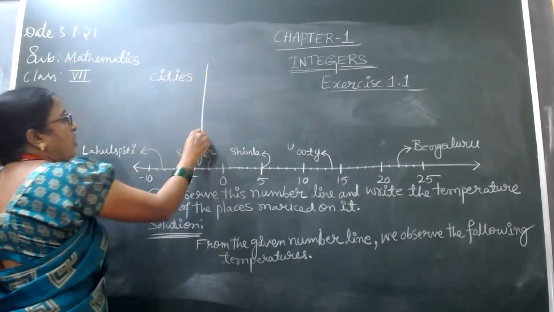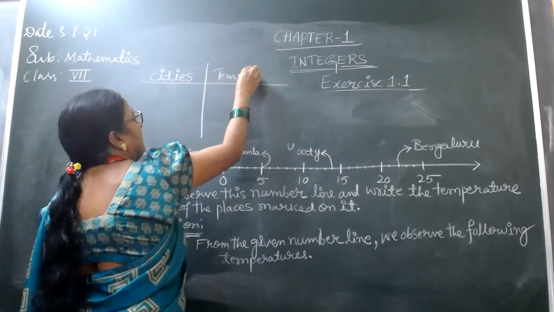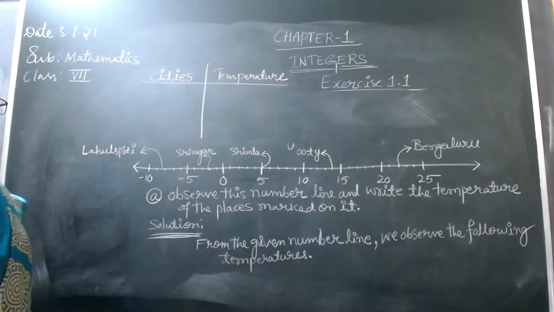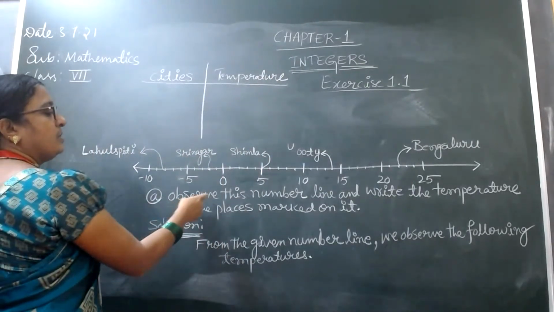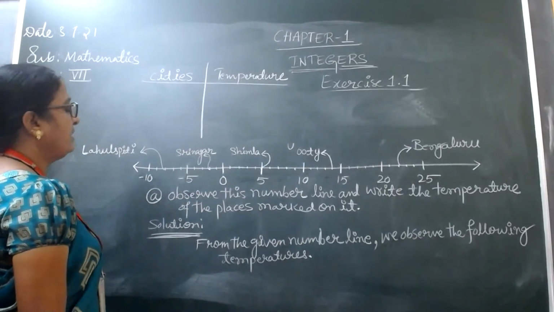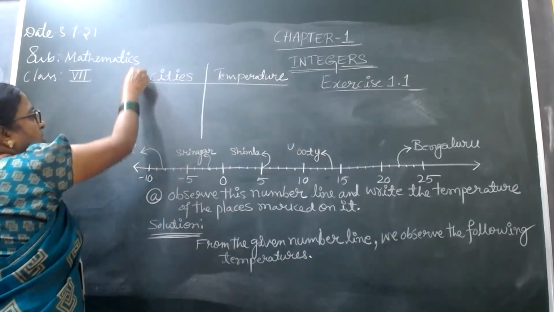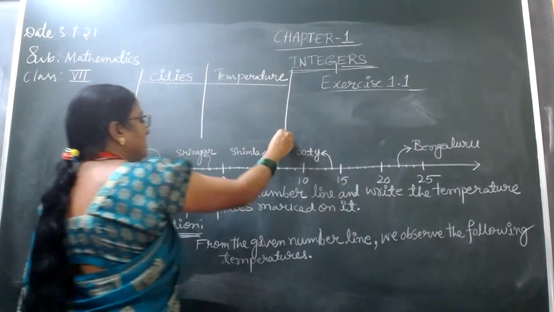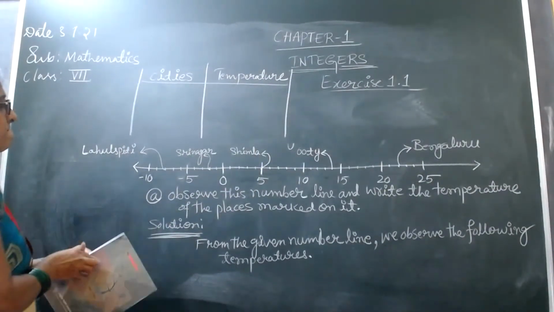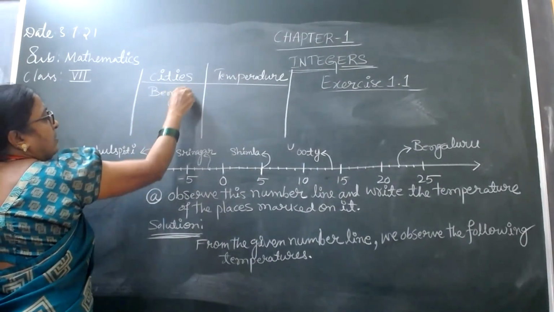You should make two columns, cities and temperature. You should observe the number line. The given question is to observe this number line and write the temperature of the places marked on it. First you write down Bengaluru.